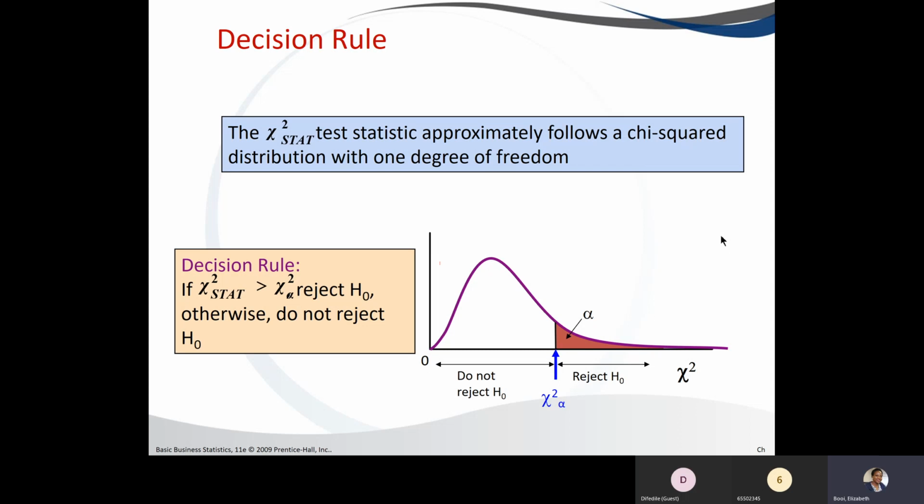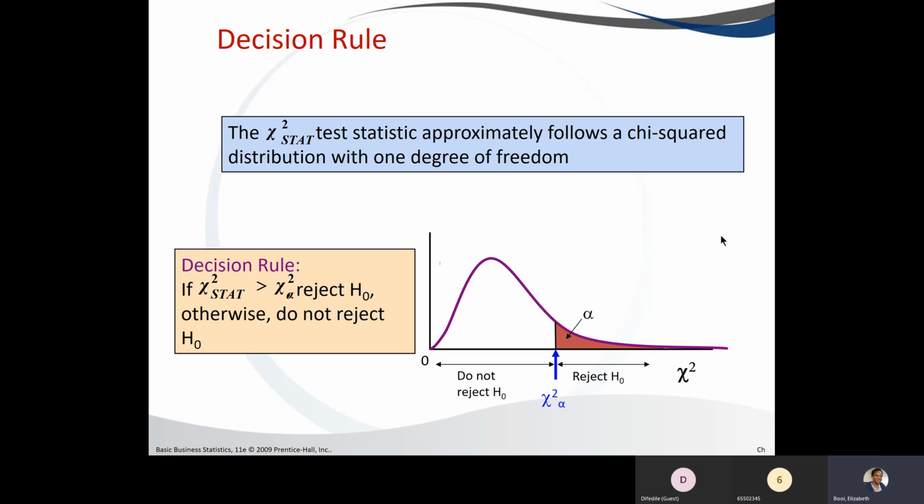So it's number of rows minus 1 times number of columns minus 1. And once you have your critical value, you should be able to make a decision.